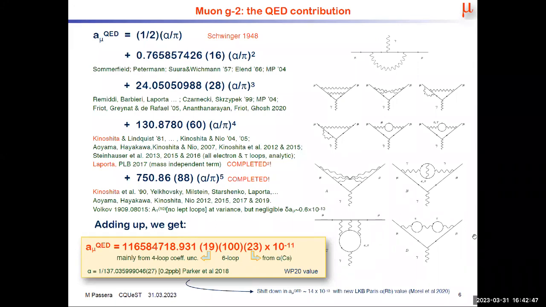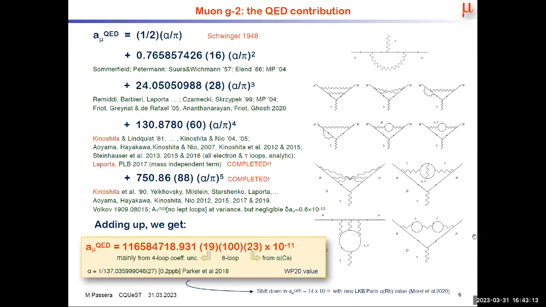By QED, I mean the subset of the full standard model, the subset of Feynman diagrams of the full standard model that only contains leptons and photons. So QED, quantum electrodynamics. You see, in fact, in these diagrams, this is the famous diagram that gives the famous result by Schwinger. You see it here. This is one loop. You see there is one closed loop here.